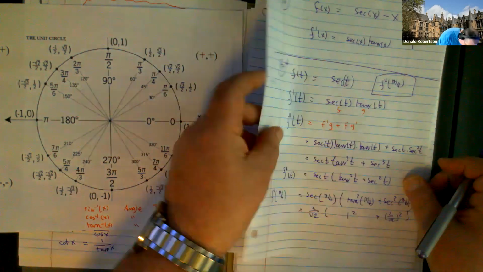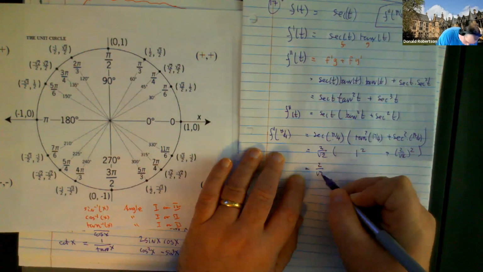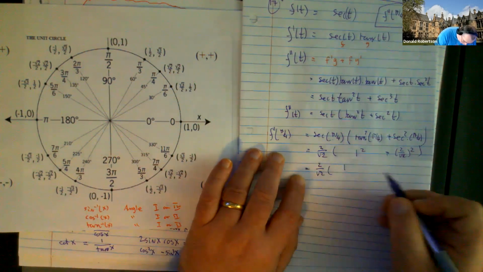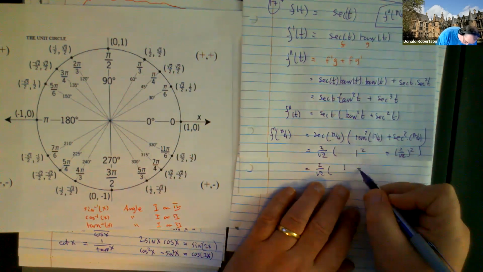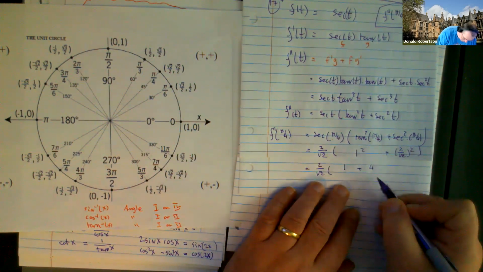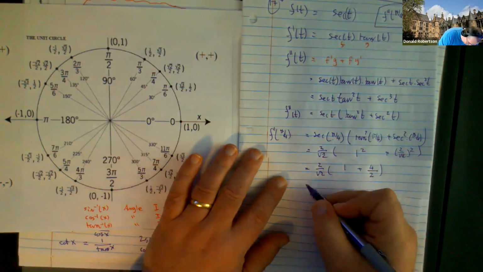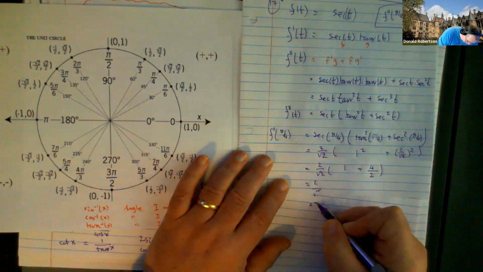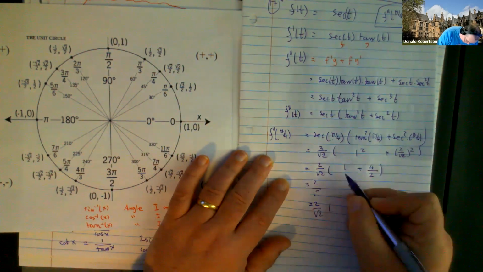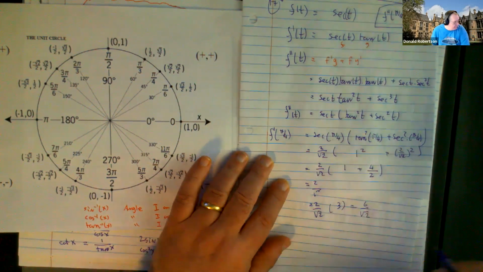Now we do a little more tidying up. 1 squared is 1. If you take 2 over root 2 and you square it, you get the same thing as 2 squared on the bottom and root 2 squared, which is 2 on the bottom. And now you have 2 over root 2. You have 2 over root 2 times 3, and that gets you 6 over root 2.